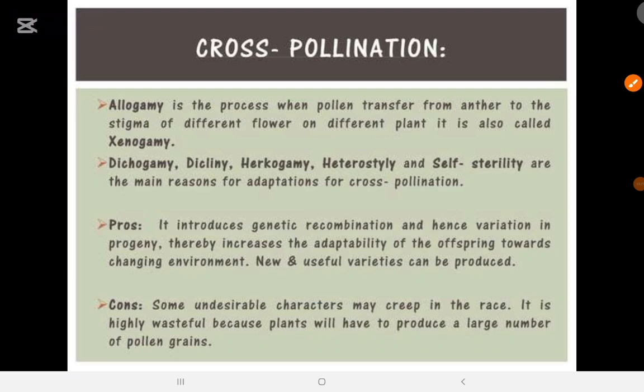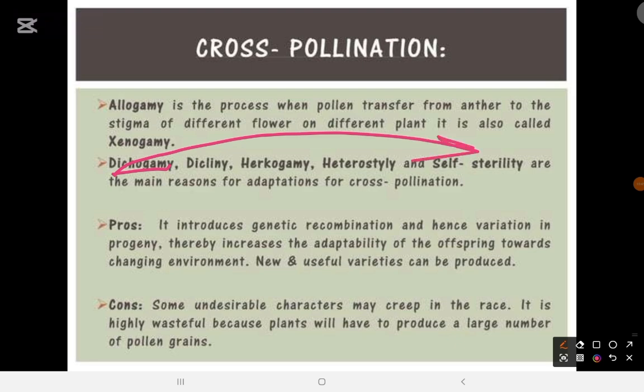Now, some of the reasons why this allogamy takes place are dichogamy. I've explained all of these terms in the video where I treated about 88 terms in plant pollination, plant reproduction primarily.